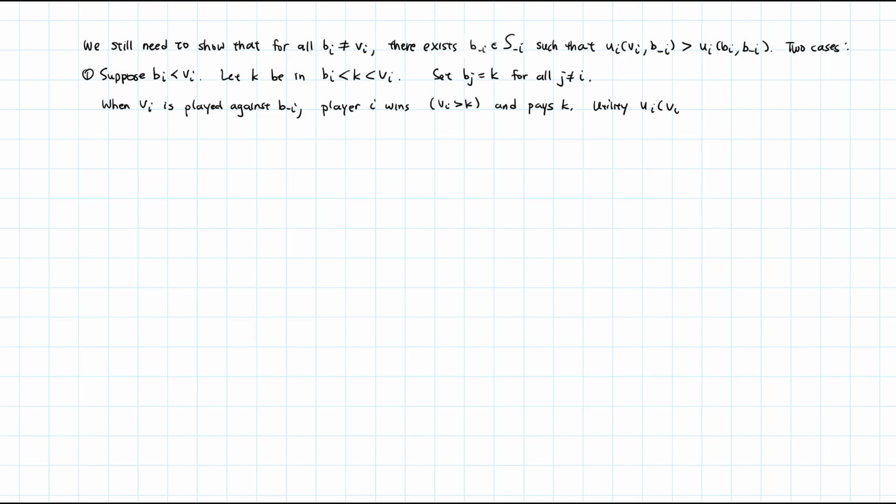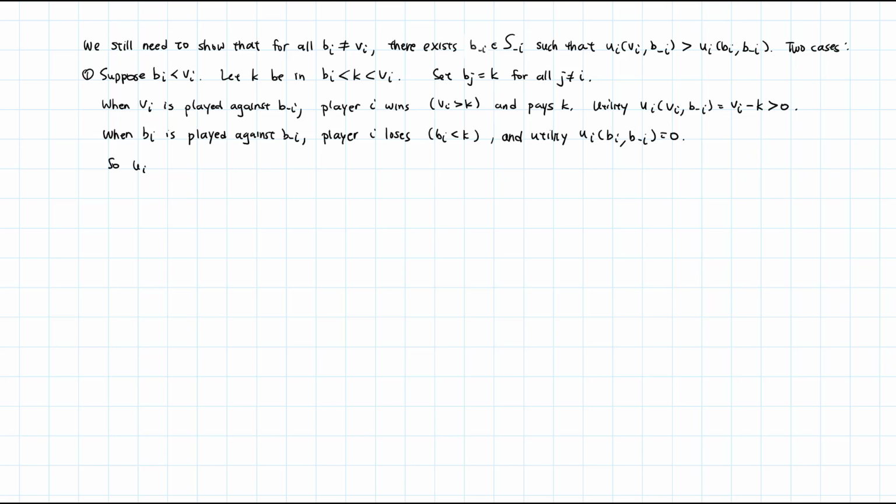The utility is then VI minus k, which is positive by assumption. On the other hand, when BI is played against B-I, player I loses because BI is less than k, and the utility is 0. So the utility of playing VI is strictly greater than the utility of playing BI in this situation.